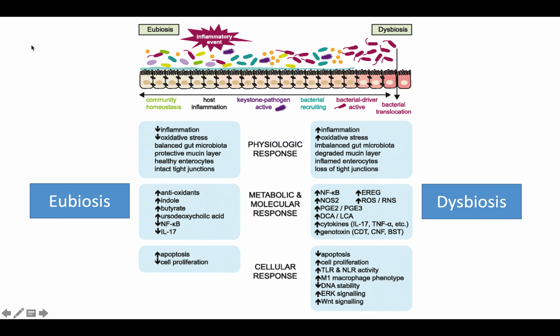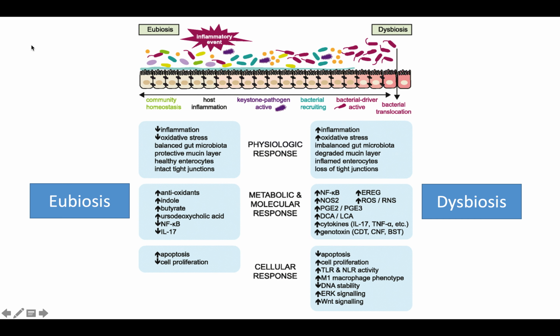At the metabolic and molecular response, we have a lot of inflammation going on and a lot of signaling cytokines that add to inflammation and also to the immune cell response. At the cellular response in dysbiosis, we have a decrease in cell death, an increase in cell proliferation, among other things.